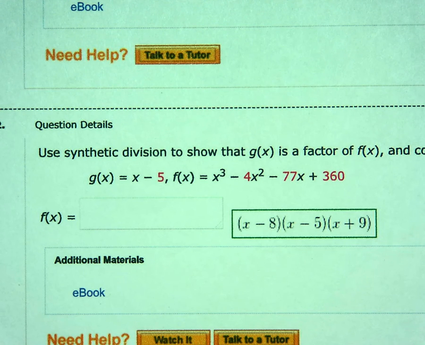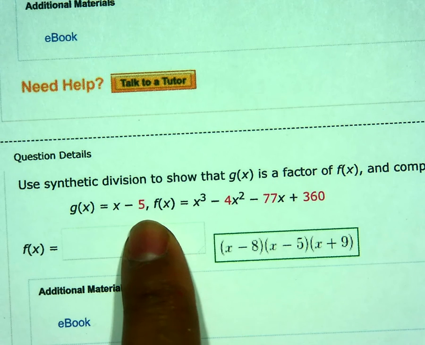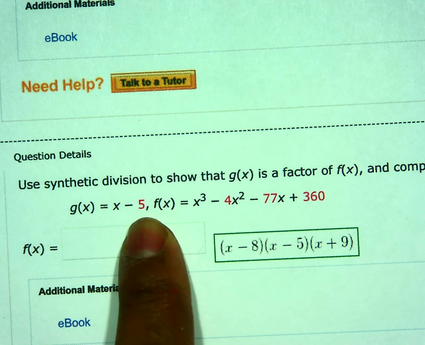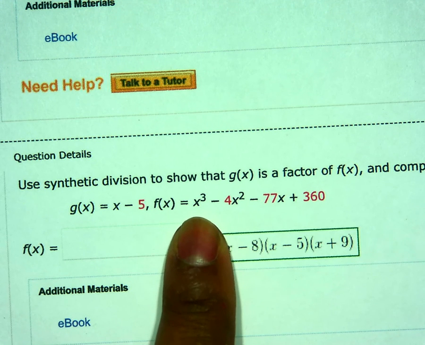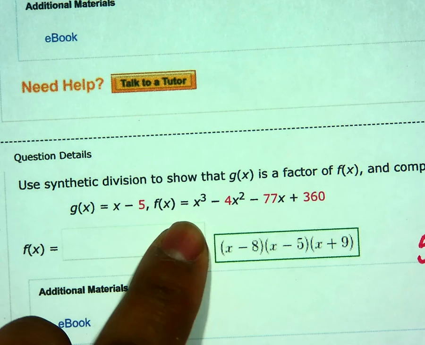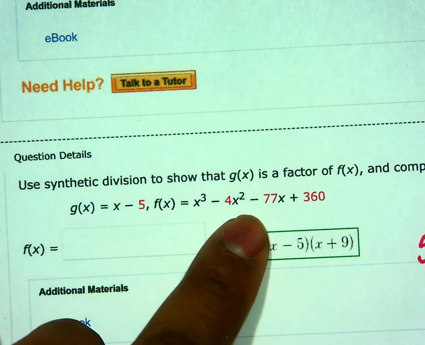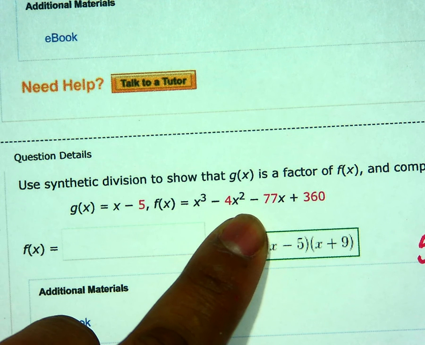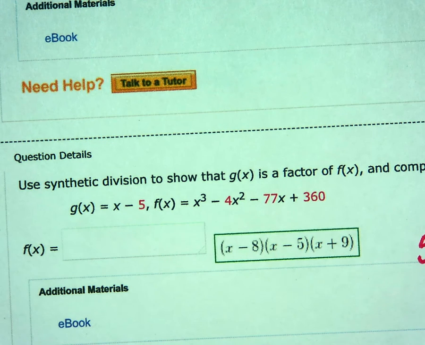I'm going to show you the same thing again. Notice you've got the 5 and your coefficients. If I were to divide that using long division, 5 can go into 1, negative 4, negative 77, and then 360.